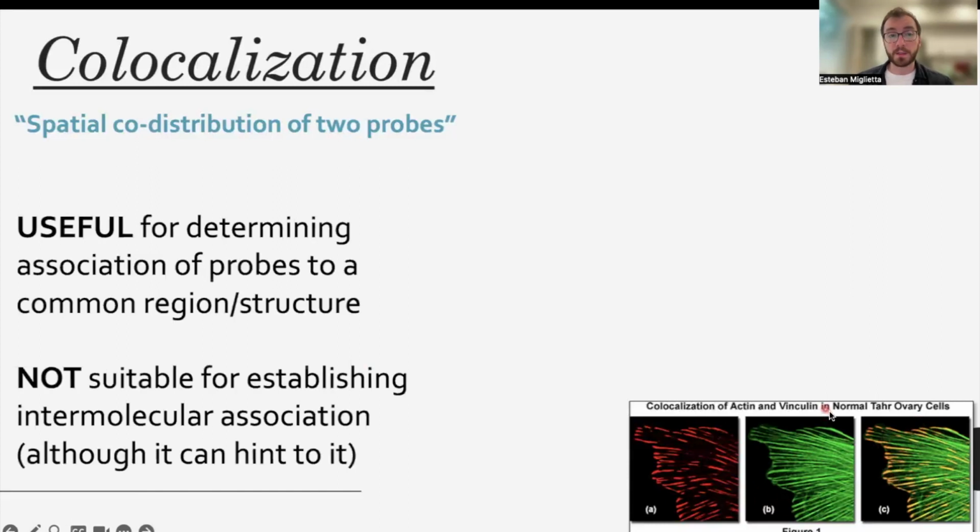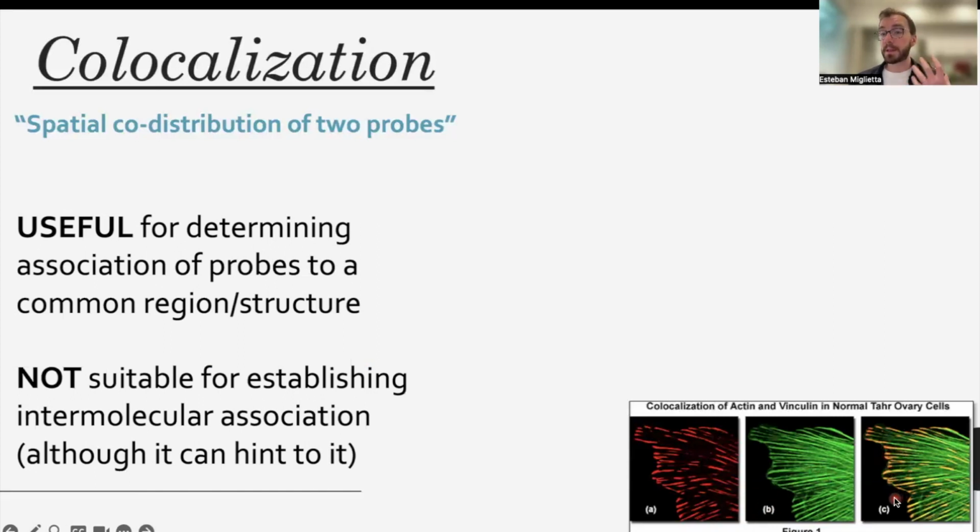So this is what colocalization is useful for. It's useful for determining the association of these two probes, the probe that labels vinculin and the probe that labels actin, in a similar region or space, that is, the end of the actin filaments.